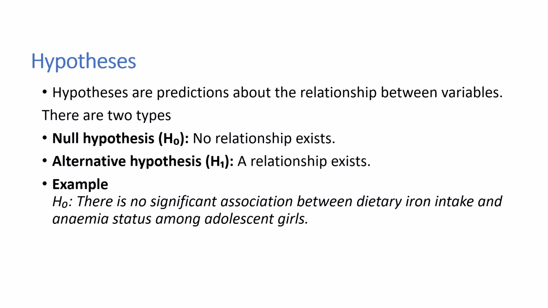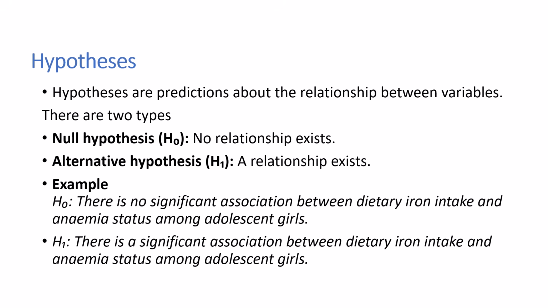We have the null hypothesis that explains that there is no relationship existing, and the alternative hypothesis that explains that there is or must be a relationship that exists. Examples are: for a null hypothesis, there is no significant association between dietary iron intake and anemia status among adolescent girls, while the alternative hypothesis is saying that there is a significant association.